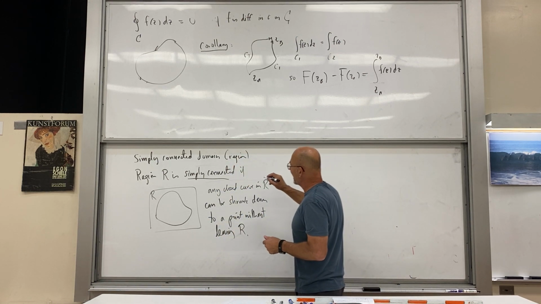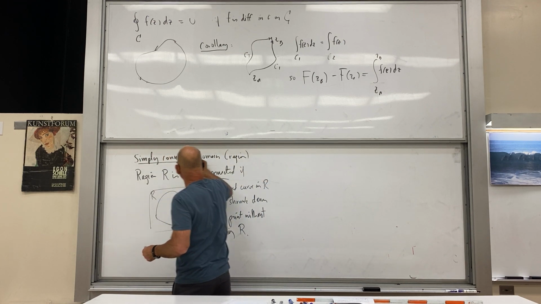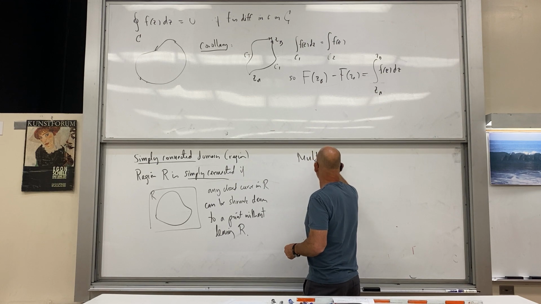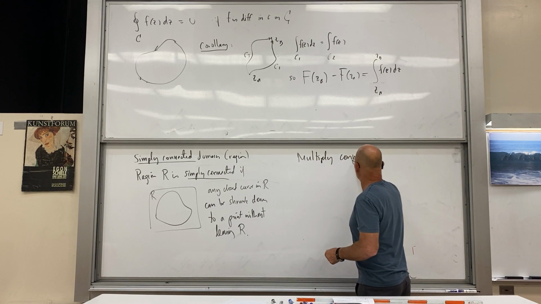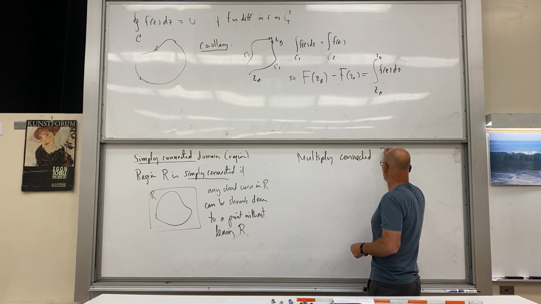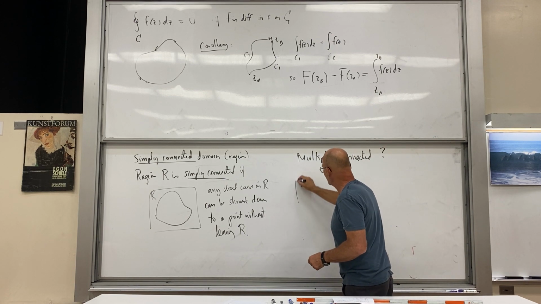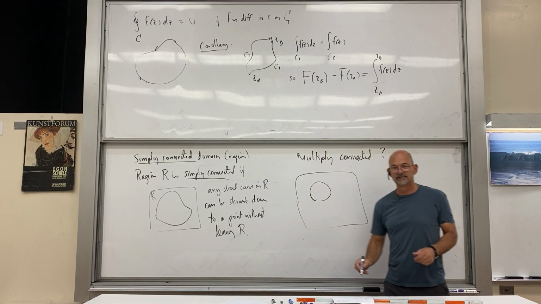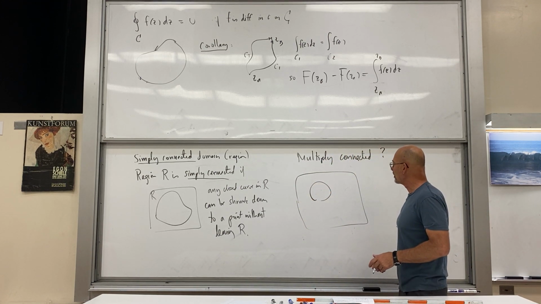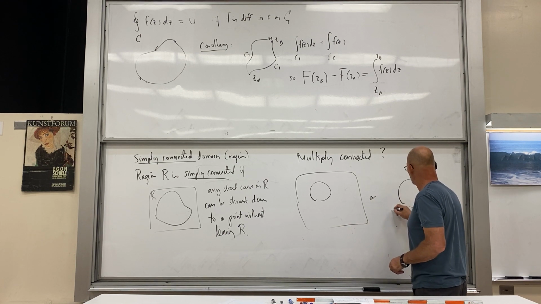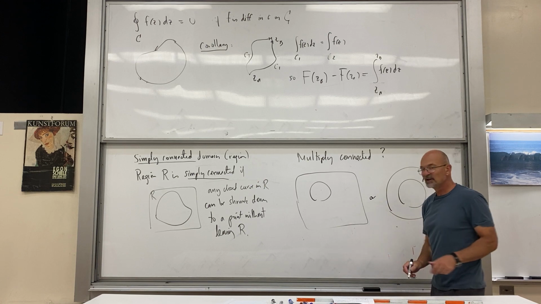So what would be a multiply connected domain? Well, that's a region with a hole in it. Or it could be, for example, an annulus.